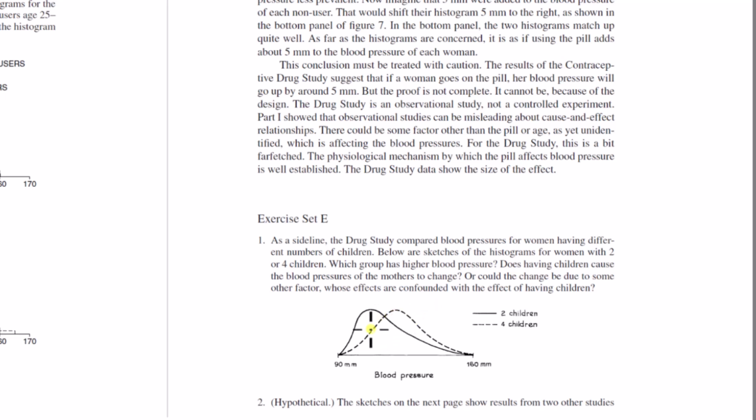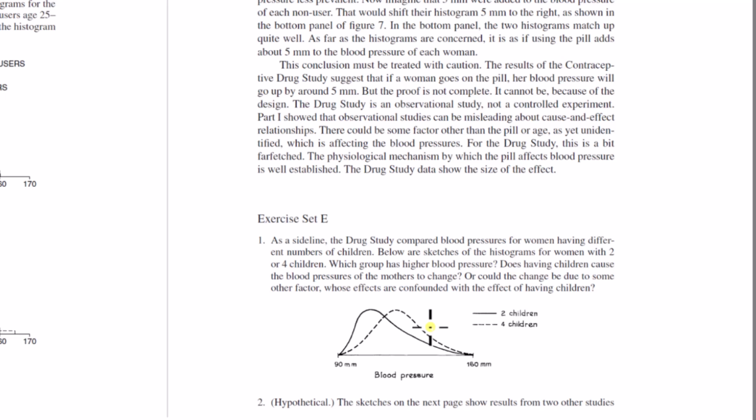Okay, so there is an association here. There is an association between women with more children and higher blood pressure, but causality, I mean, it's hard to say. You could potentially argue that age is a confounding variable here, because women with a higher age tend to have more children. And we know that age is a causal association with blood pressure.